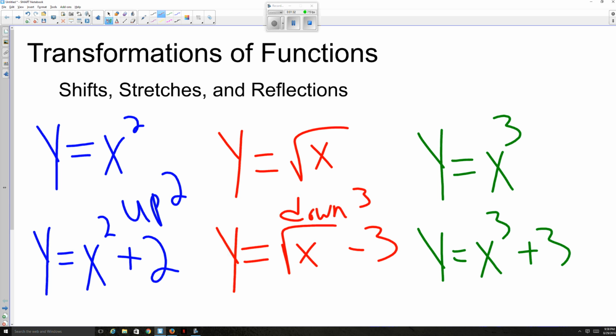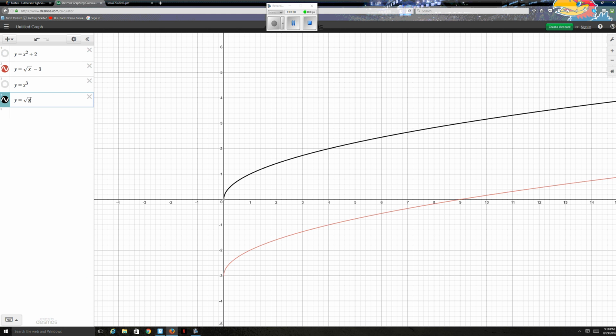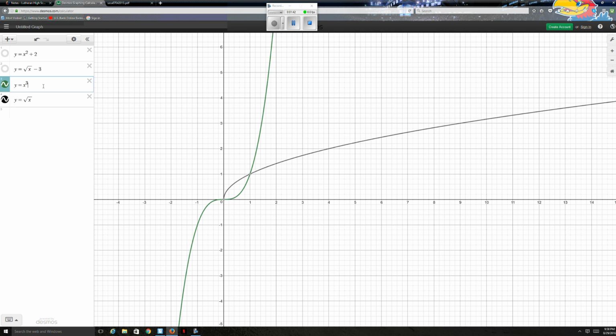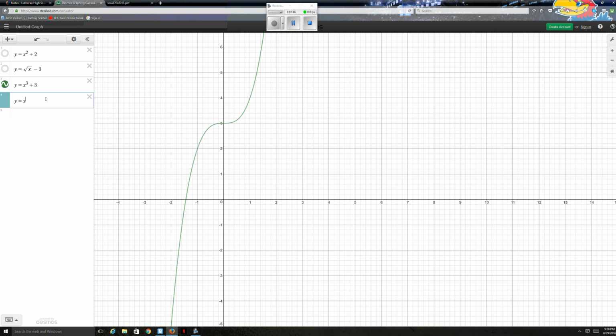Okay. And then I hope you're starting to see a little pattern, but let's just make sure it works with x cubed. So let's come over here, and we're going to add 3.